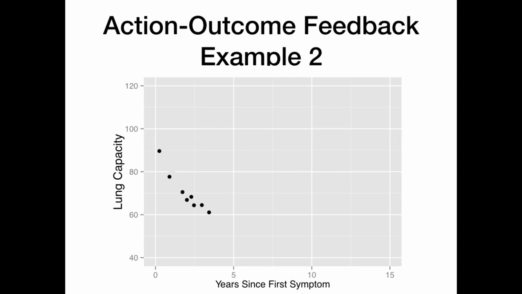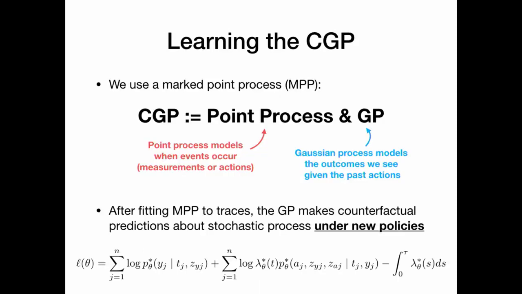Now, when we want to learn counterfactual models under a sequence of these dynamically chosen actions, we need to perform a sequential adjustment procedure. To learn the counterfactual GP, we build a joint model using a marked point process. Essentially, this combines a point process model of when events happen with a Gaussian process that models the outcomes of our trajectory given the past actions.